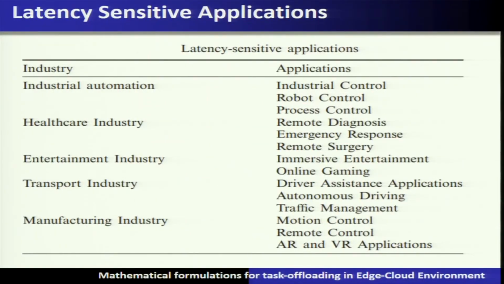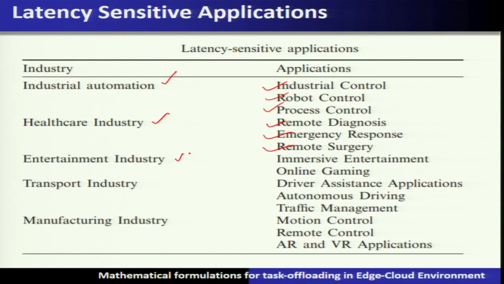So, let us see how the latency sensitive applications are categorized in the following domains in the industry segments. They are called industrial automation. The latency sensitive applications in industrial automation are industrial control, robot control, process control. Whereas, for the healthcare industry, these latency sensitive applications are remote diagnosis, emergency response, remote surgery.